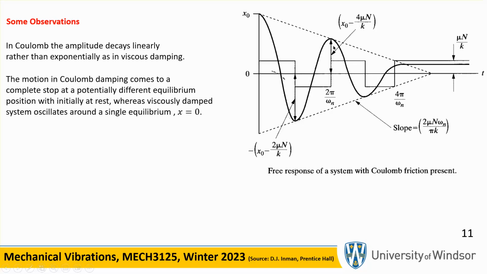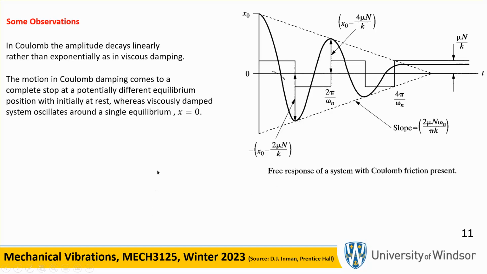Now, at some point, after going back and forth, this block will actually stop, literally stop. And that happens when the force of the spring is less than the force of friction. The force of friction is mu k, mu n, the force of friction. The force of the spring is k times wherever it's located.